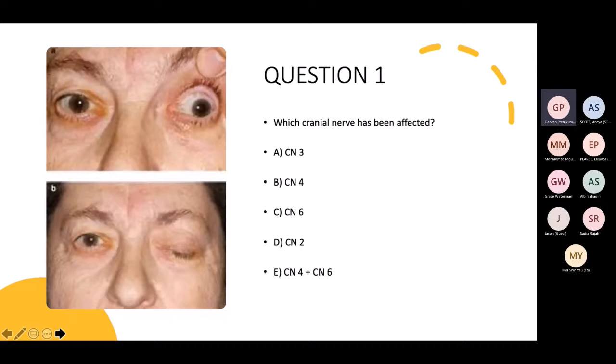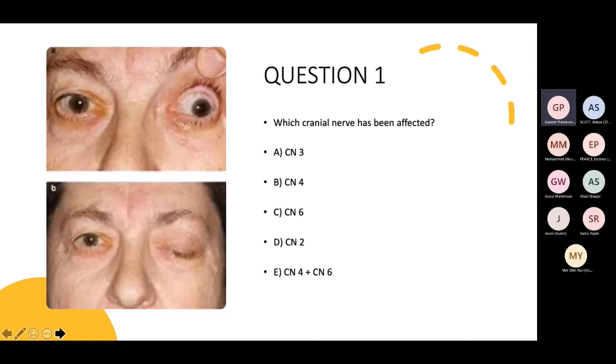So in picture B, you can see they're being asked to look directly ahead, eyes open, and the eyelid is shut. I mean, you could argue maybe they're being asked to close their eyelids, but if you link it to picture A, where one eye, remember eyes work in tandem, right? They work together. So if one eye is looking straight ahead, the other eye should be doing the same.